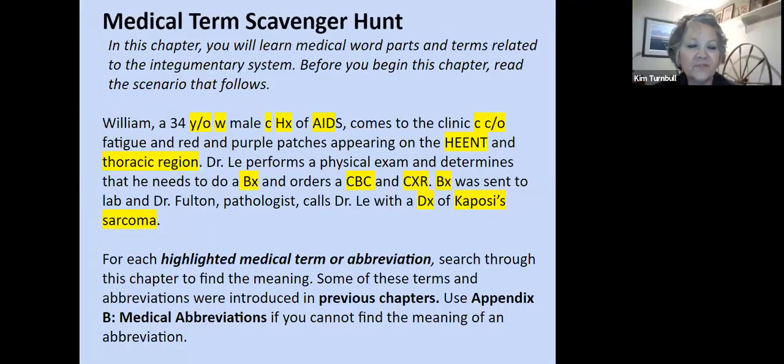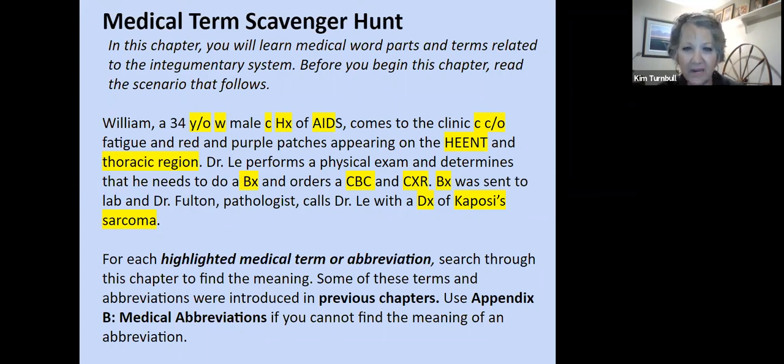Yes, we will. We're going to start off with the first little activity. This little snippet here is an example of one of the medical term scavenger hunts that we have in the textbook. It introduces a real life scenario.